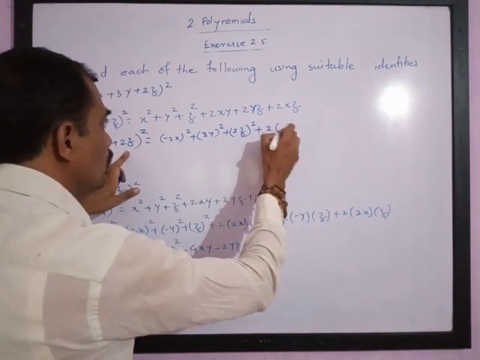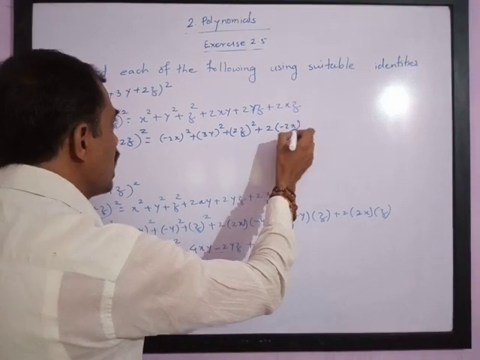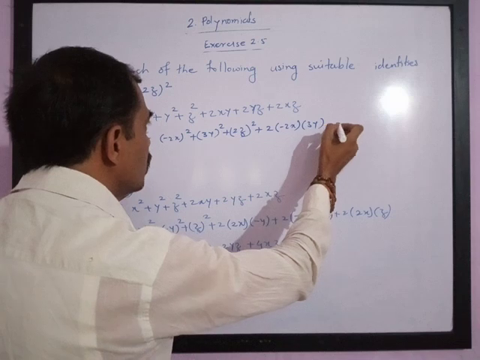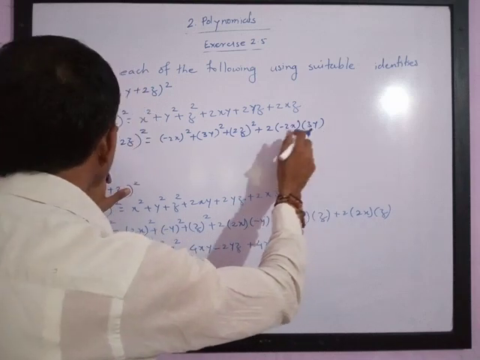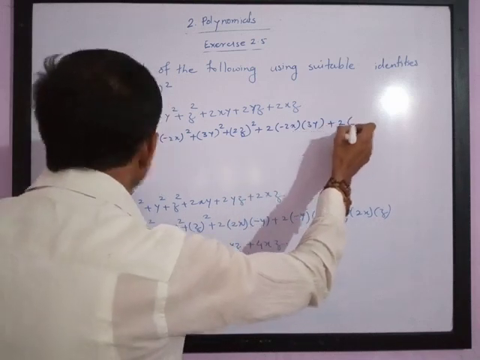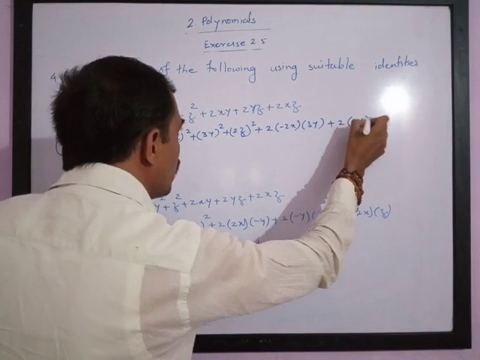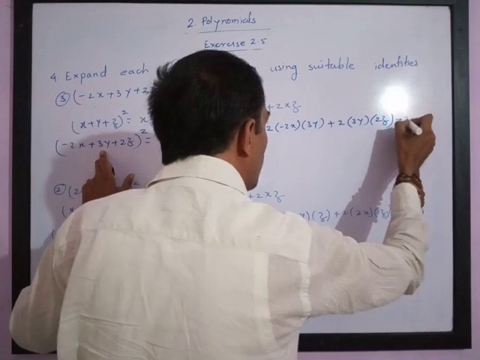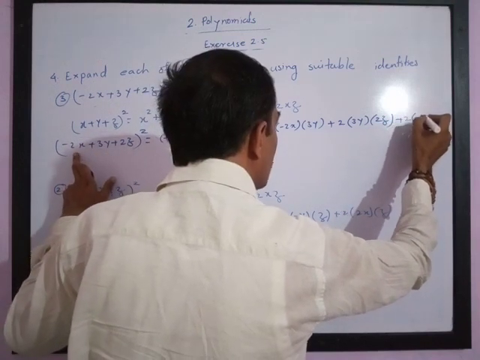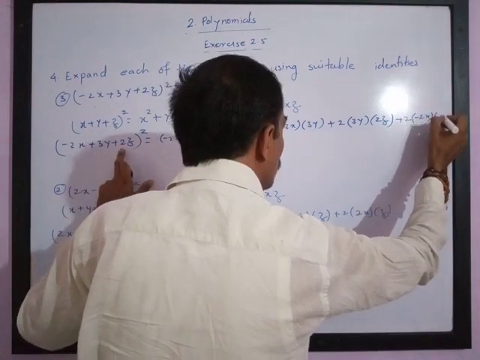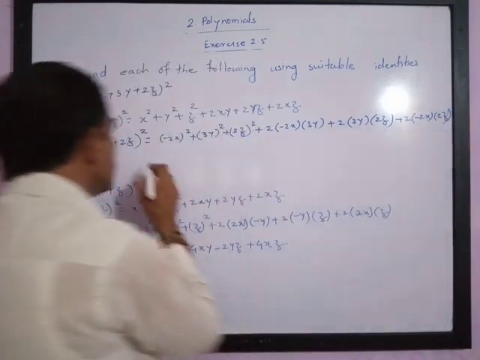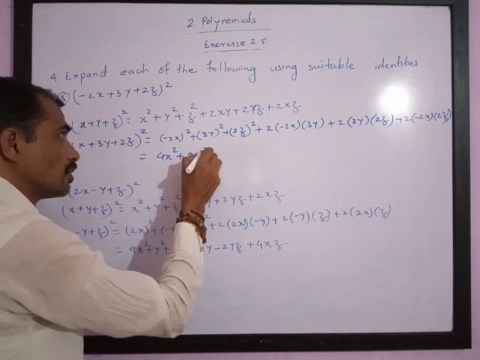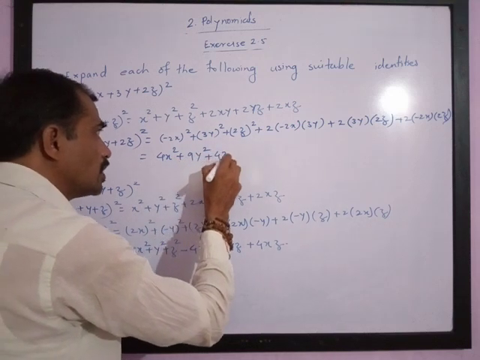Then 2 into first is -2x and second is 3y, then 2 into second and third, that is 3y into 2z, and lastly 2 multiplied by first and third, -2x into 2z. So this is equal to 4x square plus 9y square plus 4z square.